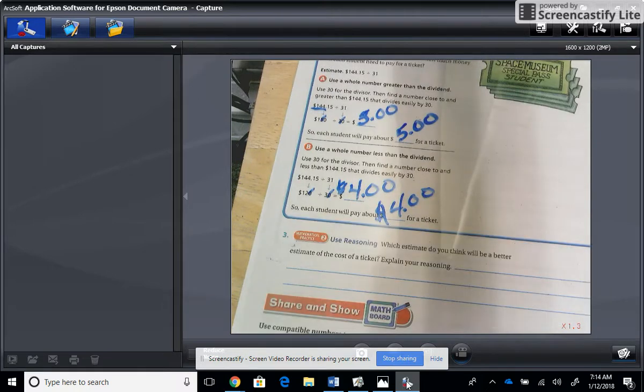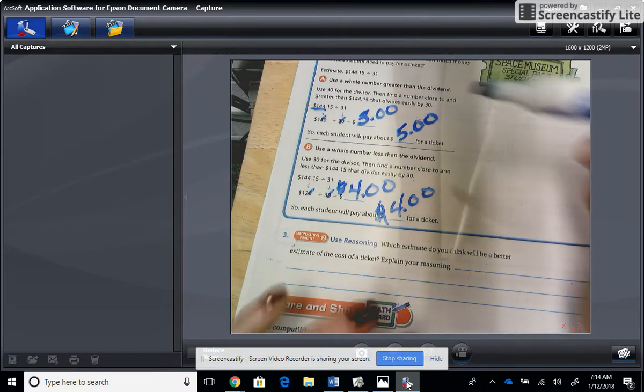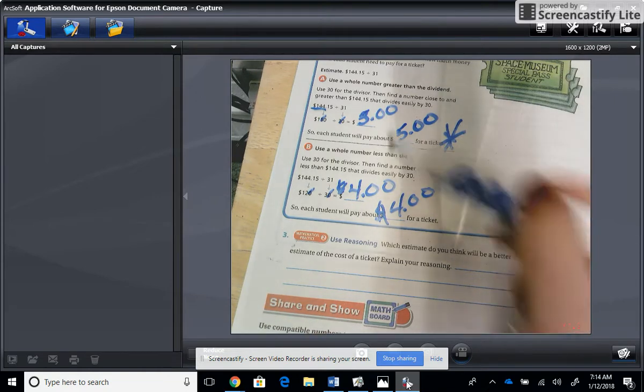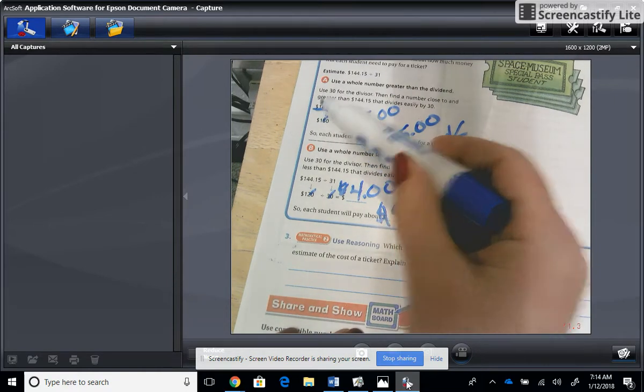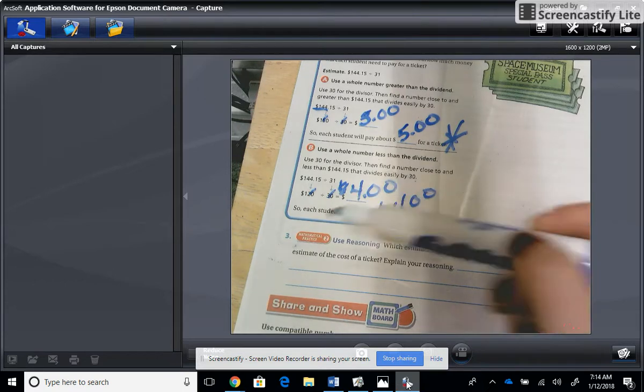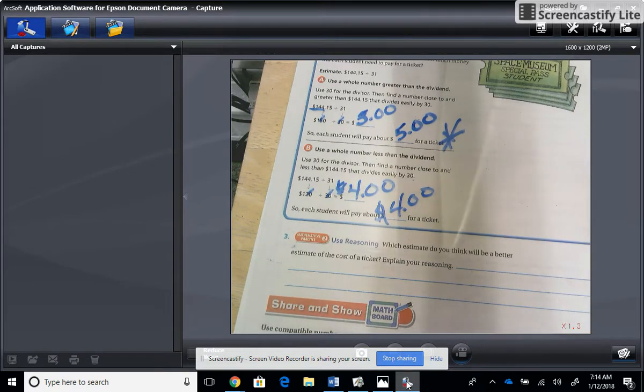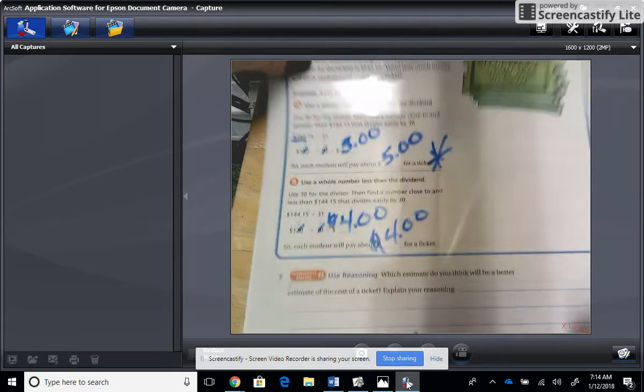They wanted to know which one was better. Well, in my opinion, I think the $5 is a better estimate just because 150 is closer to 144 than 120 is. So that's my reasoning behind that.